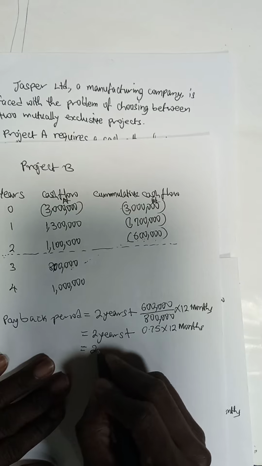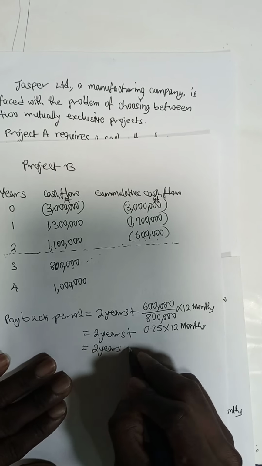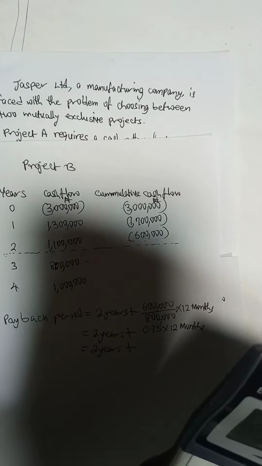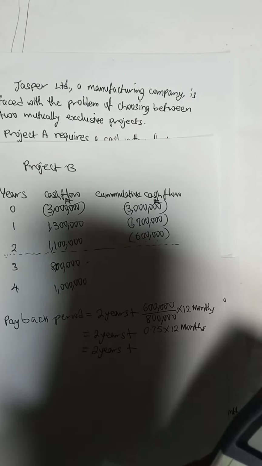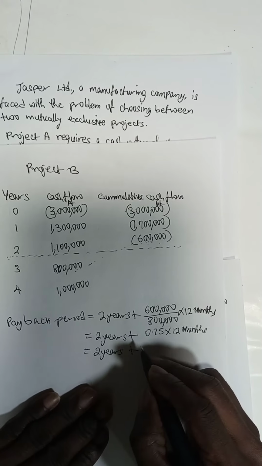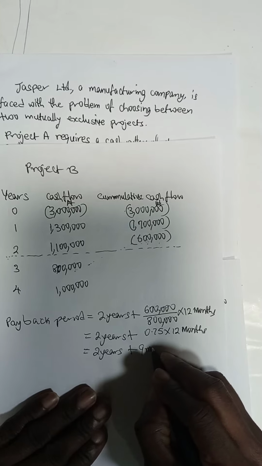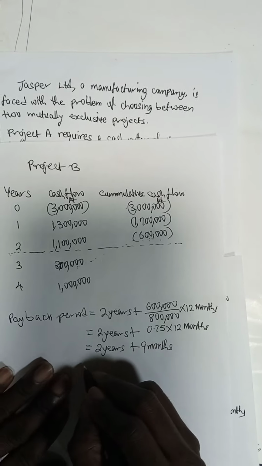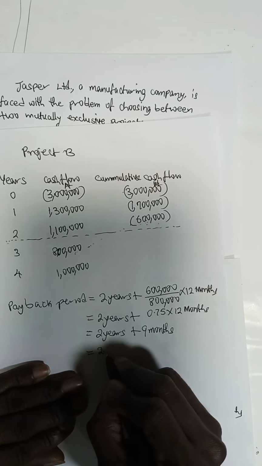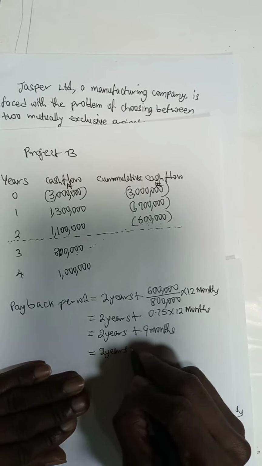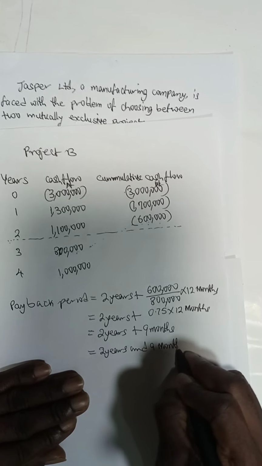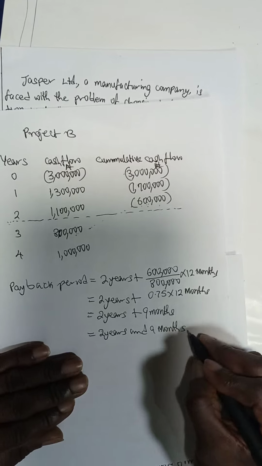So we write our 2 years again, 2 years plus. We multiply 0.75 by 12, and we get 9 months. So our answer now is 2 years and 9 months.